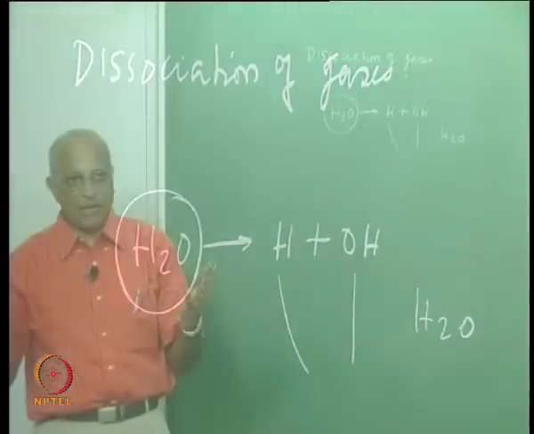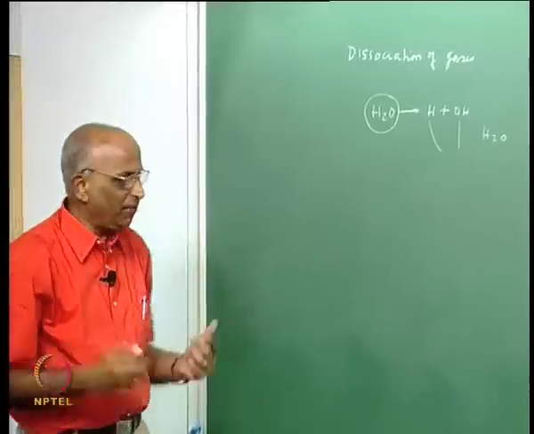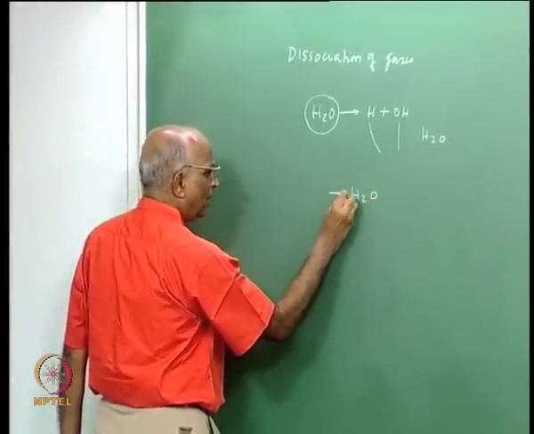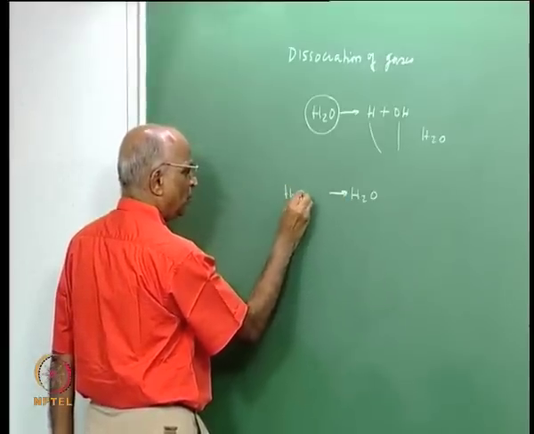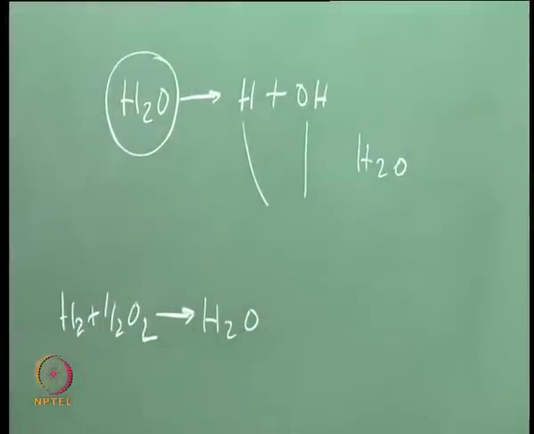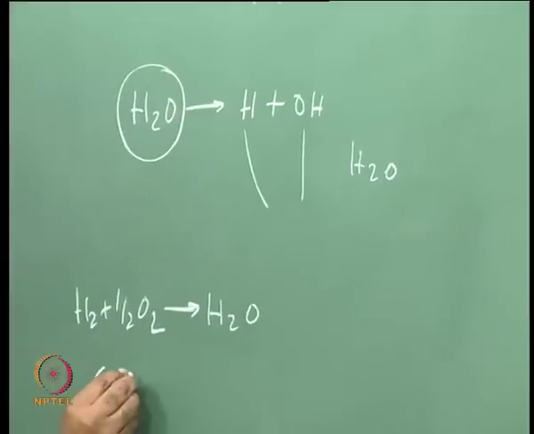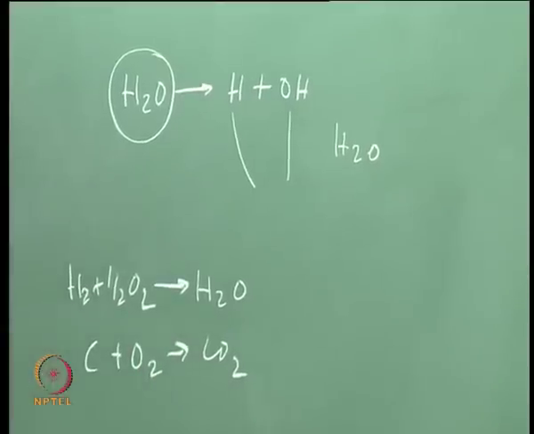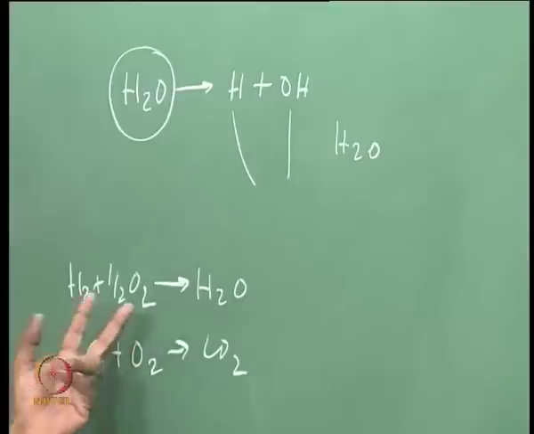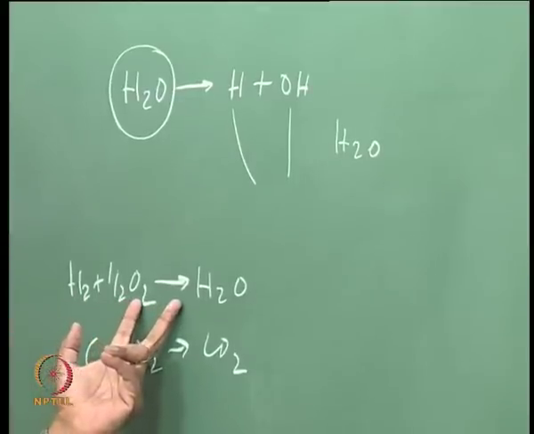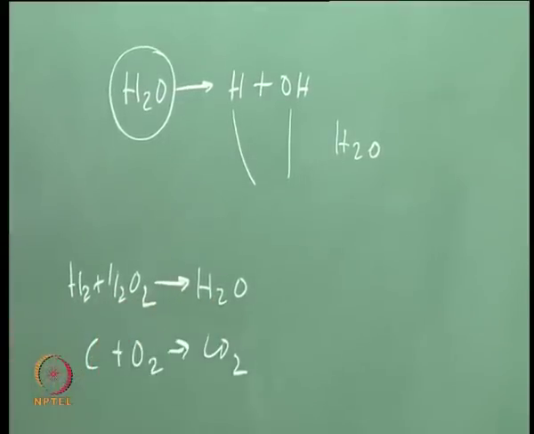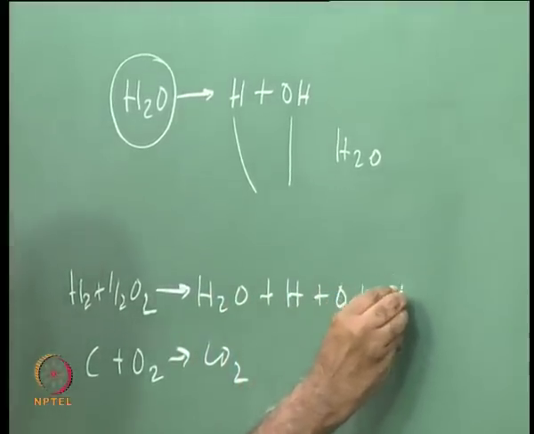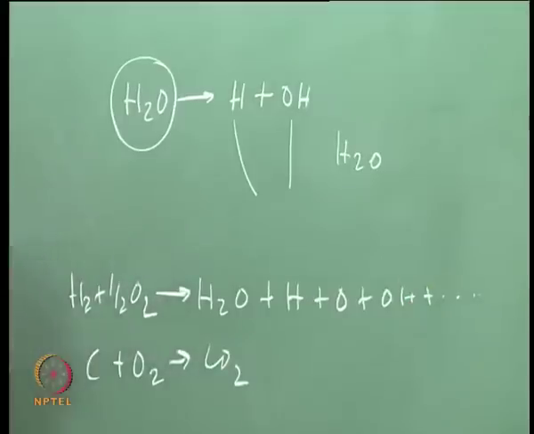When we did the simple calculation, we looked at stoichiometry. We said the completely oxidized products of combustion, H2 plus half O2, is being formed, like we had C plus O2 is equal to CO2, which was again completely oxidized products of combustion. But if the temperature or the heat release in this reaction is very high, then perhaps I may still end up with H, I may end up with O, I may end up with OH and maybe other dissociated species.